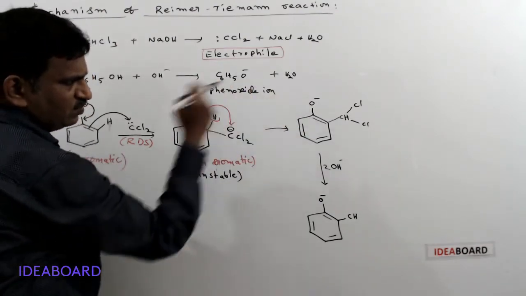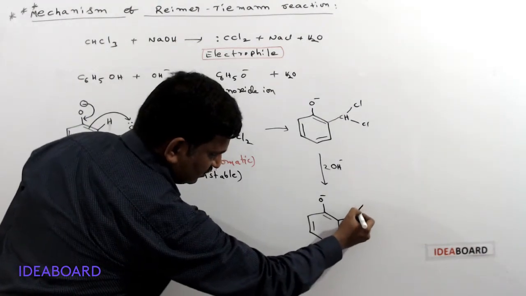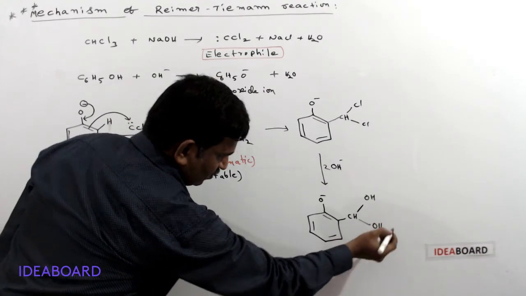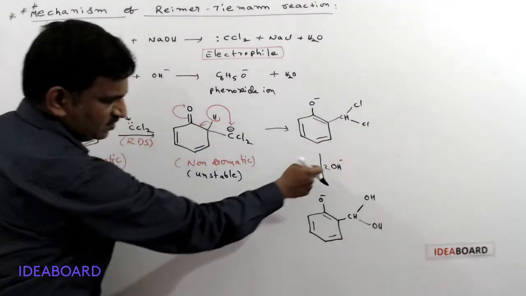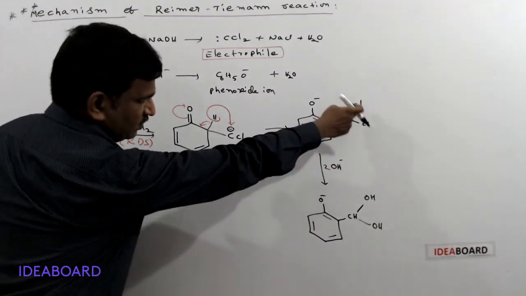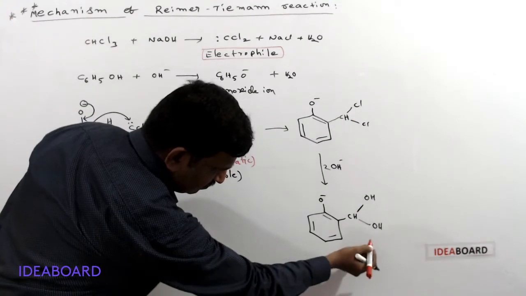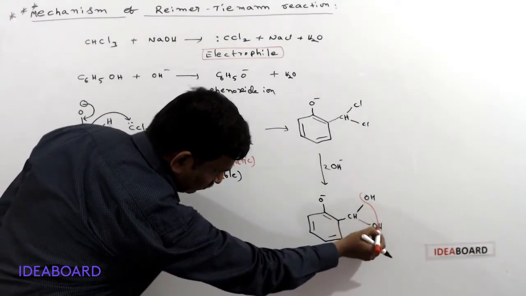So it is converting into a more stable ion. And here two chlorine atoms are replaced with the two OH groups. I am not writing the replacement, but two OH groups replace two chlorine. But we know two OH groups present on the same carbon is unstable. So you remove the H2O.